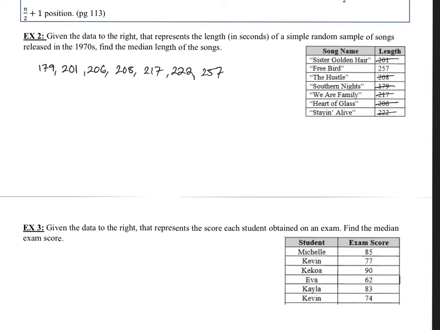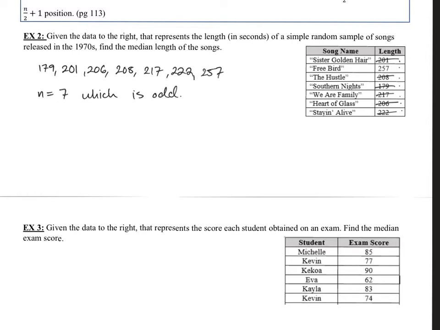So now what we're going to do is, let's see, do we have an odd or an even amount of observations? What is n? n is, let's see, 1, 2, 3, 4, 5, 6, 7. 7, which is odd.